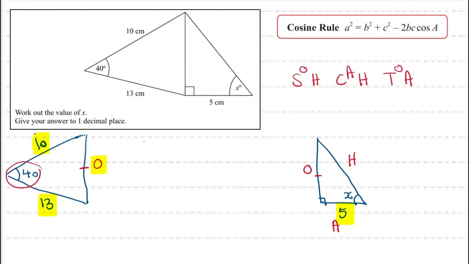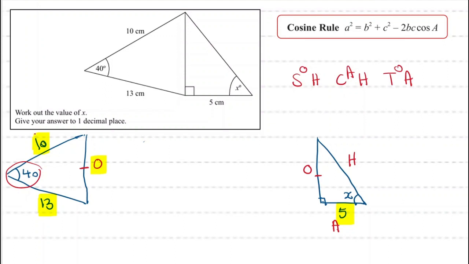Therefore, we meet the conditions for using the cosine rule. We now need to identify which side represents which letter in the cosine rule formula so that we can use the formula to work out the missing length O.